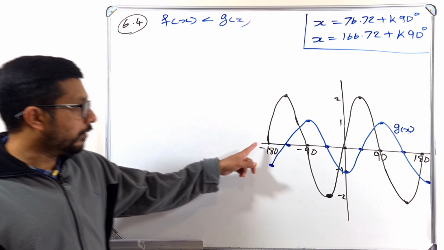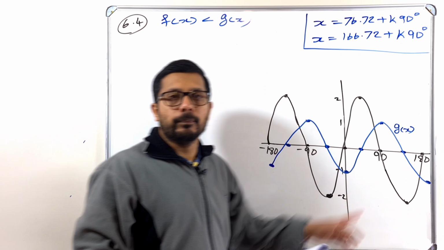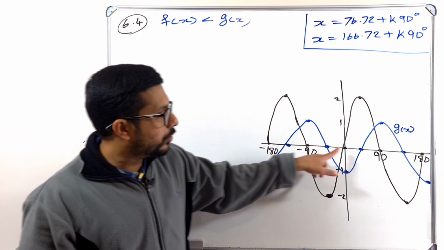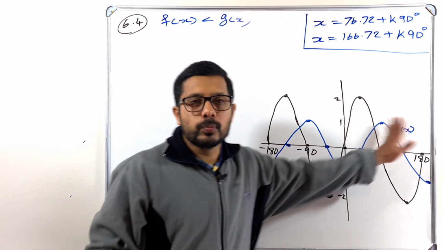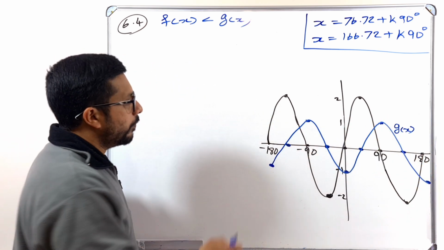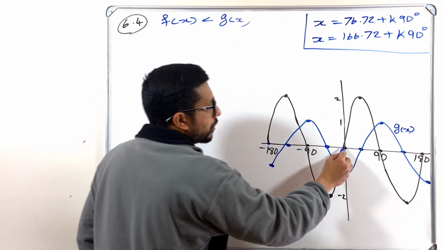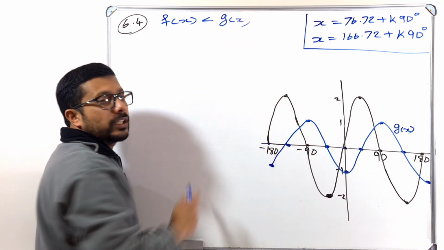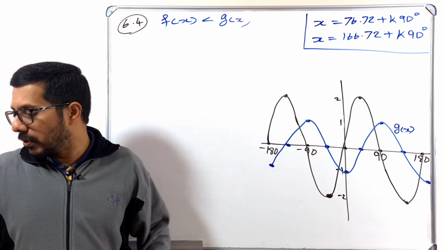Here also it's very important: you don't want to find from minus 180 to 180, you just want to find from minus 180 to 0. That means this positive part you can avoid. So from minus 180 to 0, what are the values of x satisfying this condition? That is the question.